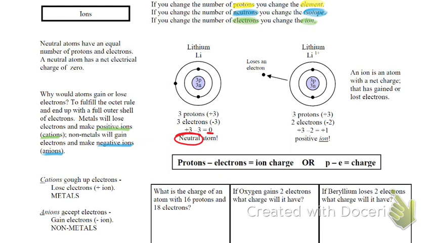And those wouldn't cancel out anymore. If there are more protons, it's positive. If there are more electrons, it's negative. So this lithium ion has lost an electron, so now its net charge is positive.